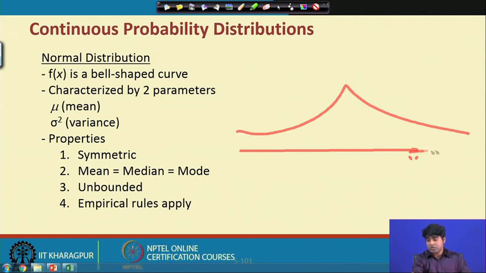It will be asymptotic, that means it will be parallel to the x axis on both sides, but it will not touch. That is why it is called unbounded, and through a confidence interval you have to predict the probability depending upon the particular situation.